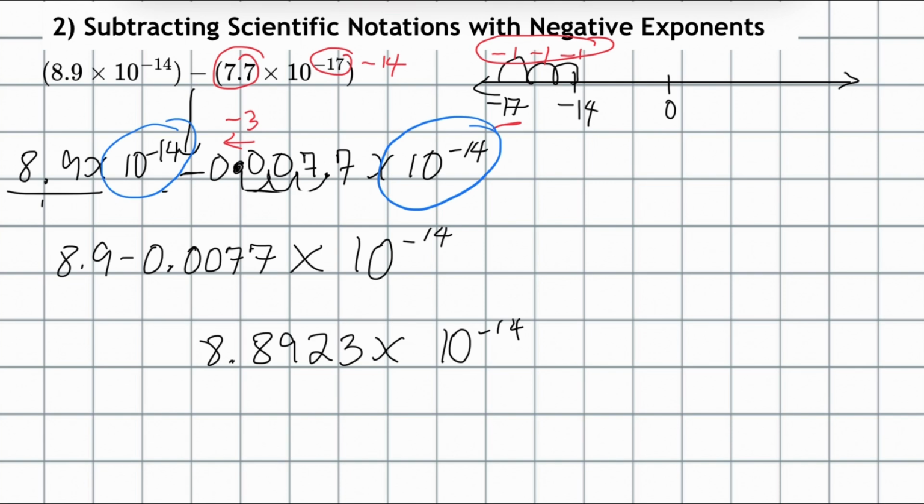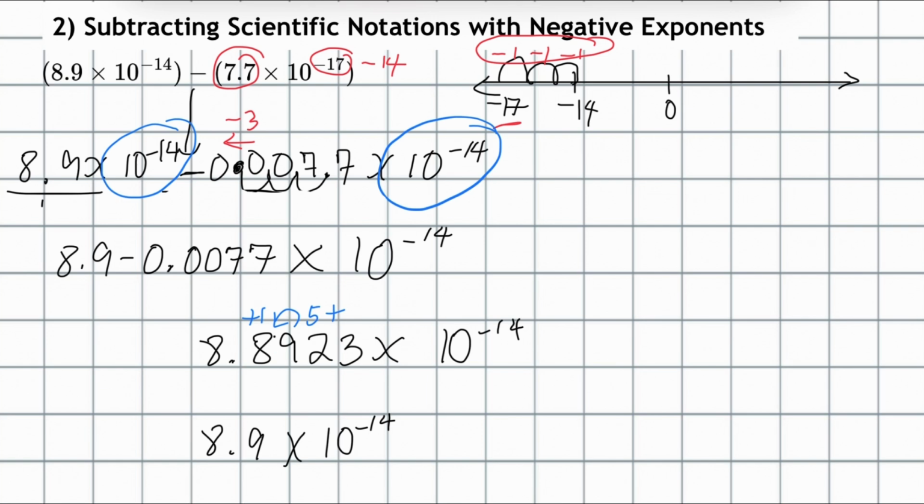If your professor prefers for you to round your values to the nearest tenth, you can understand that once the value is 5 or above, this number increases by 1. So the rounded value is going to be 8.9 times 10 to the negative 14.